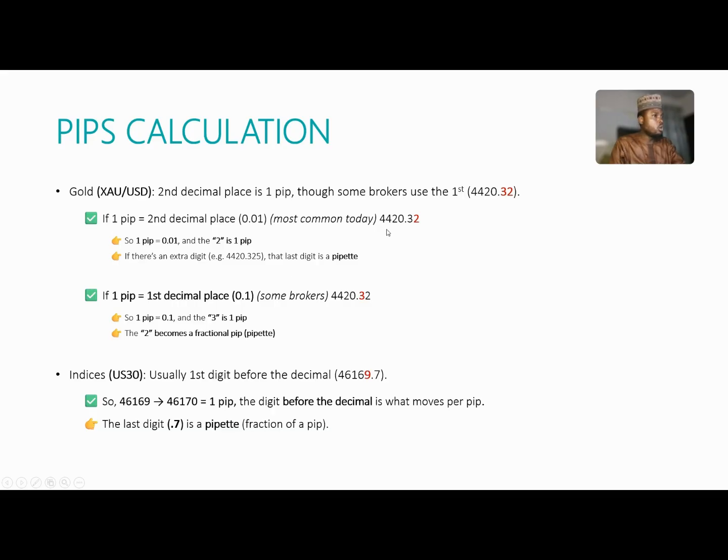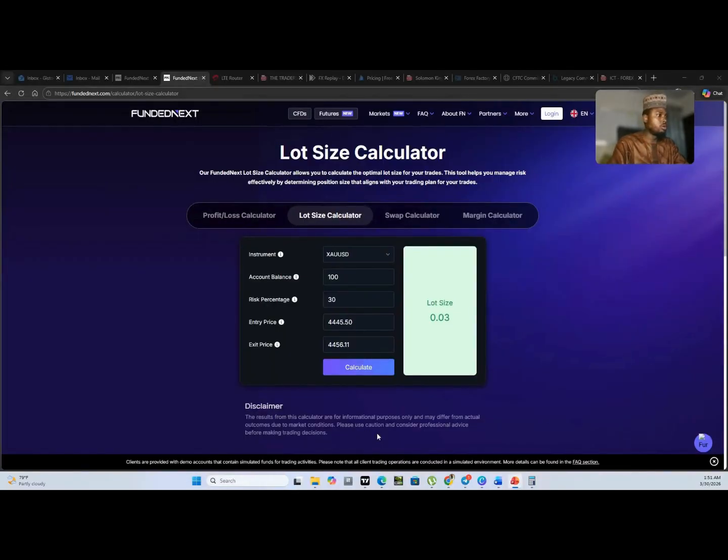If you want to start counting from the second decimal place, it is when the price has three decimal numbers. That's when you start counting from the second one. But if the price your broker is offering looks something like this, like my own, let me show you my own.